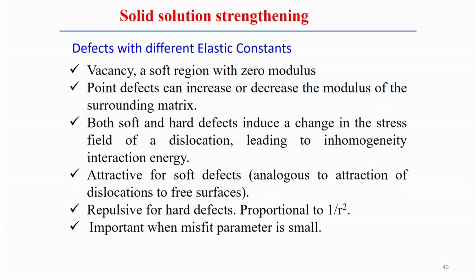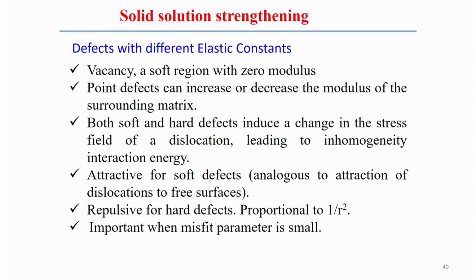The third point is that both soft and hard defects induce a change in the stress field of a dislocation, and that leads to an inhomogeneity in the interaction energy.